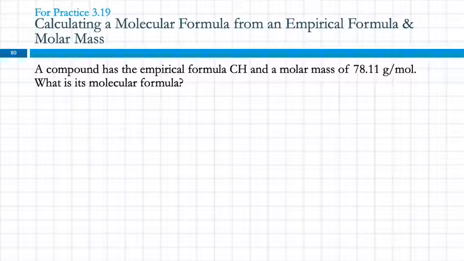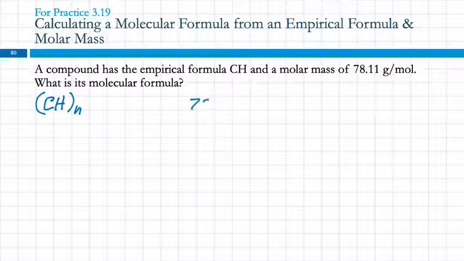A compound has the empirical formula CH and a molar mass of 78.11 grams per mole. What is its molecular formula? So they already did find the empirical formula. So the molecular formula is CH times something. We know that the actual formula weighs 78.11 grams.